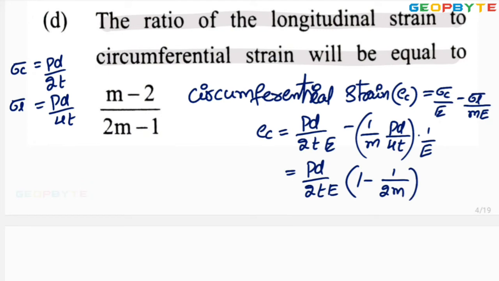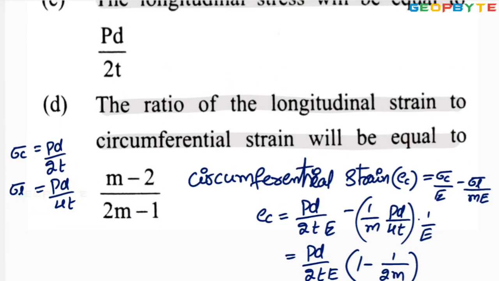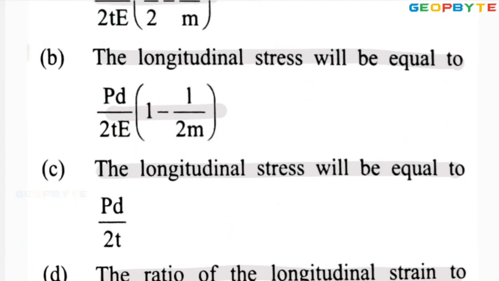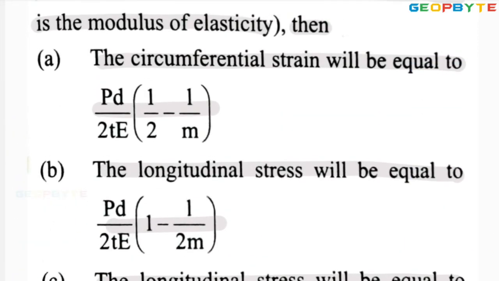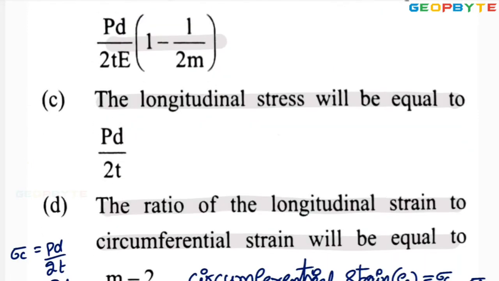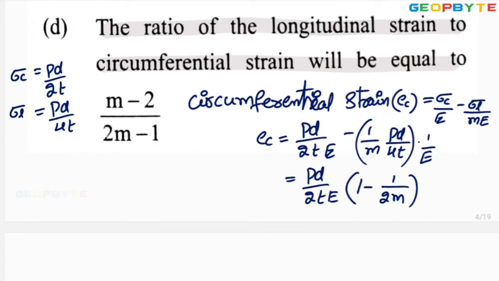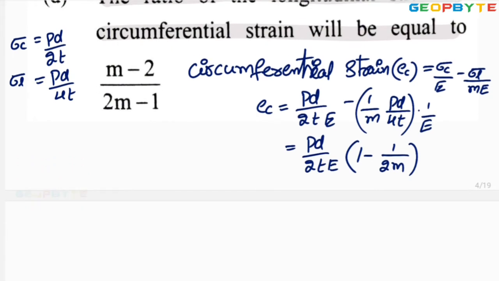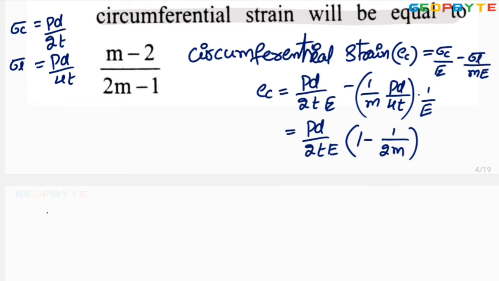This is the circumferential strain. Look at the first option: circumferential strain will be equal to PD by 2TE into 1 by 2 minus 1 by m. No, it is not correct, because it is PD by 2TE into 1 minus 1 by 2m. This is correct.